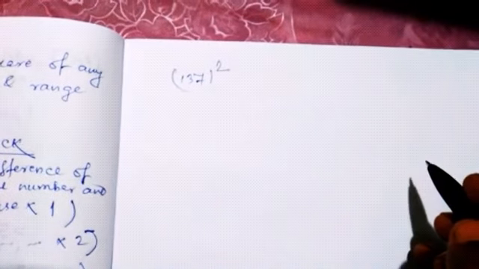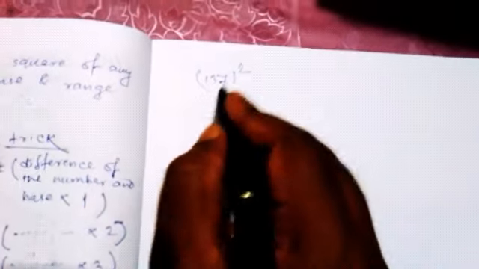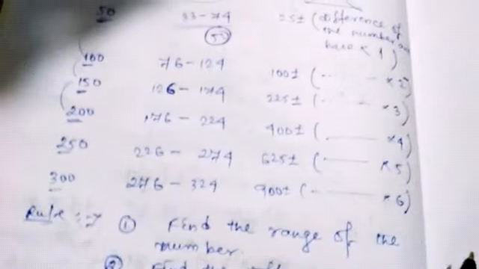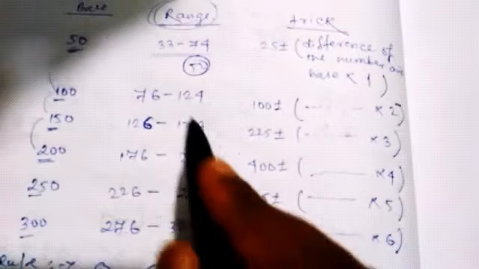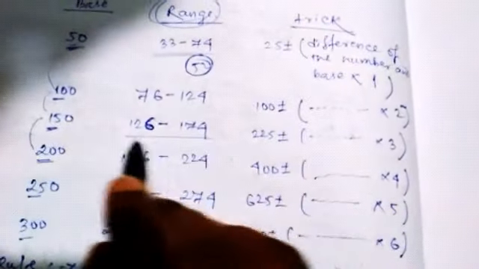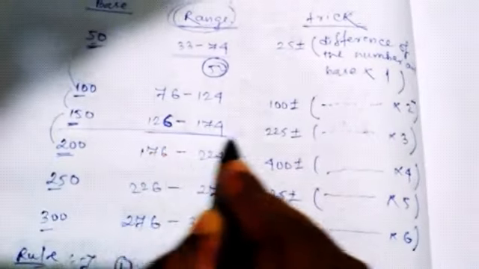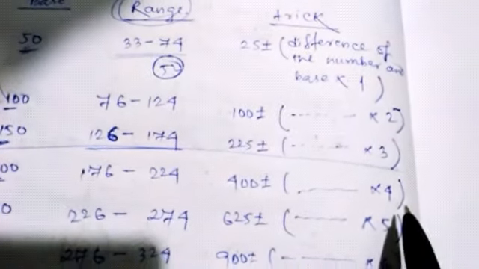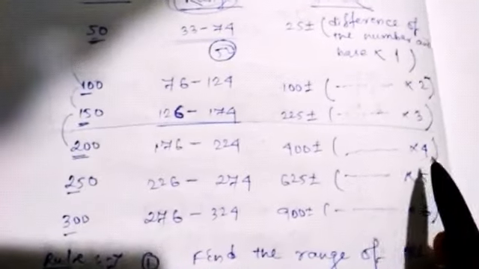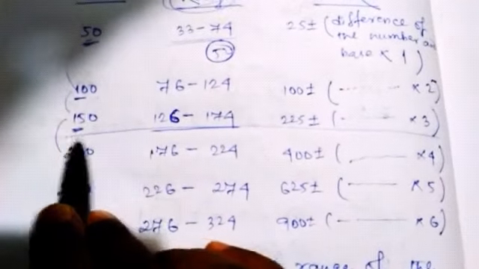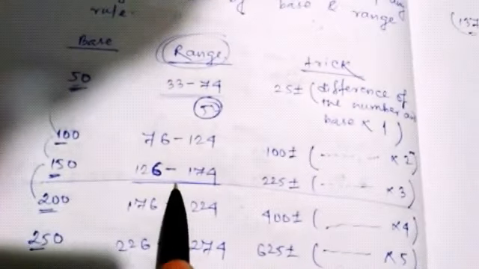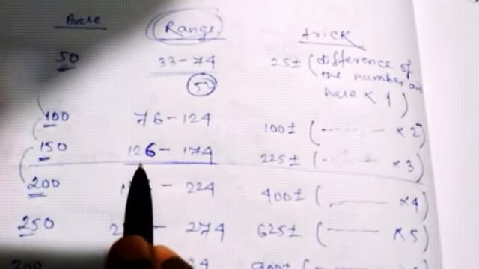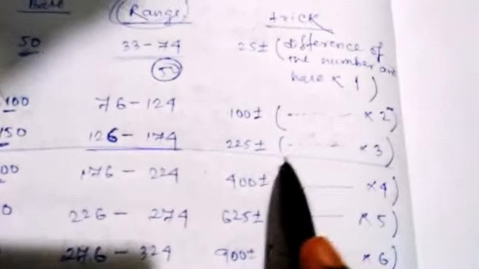First find the range. 137 is in the range 126 to 174. 150 is the base, and the range is 126 to 174, and the trick number is 225.